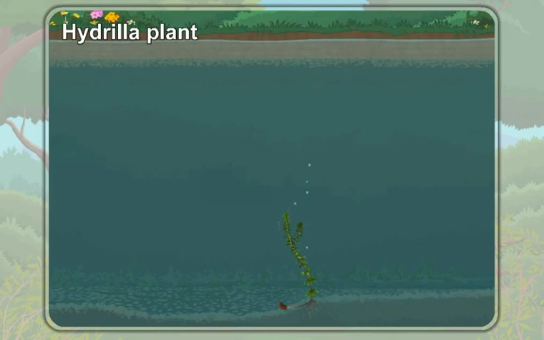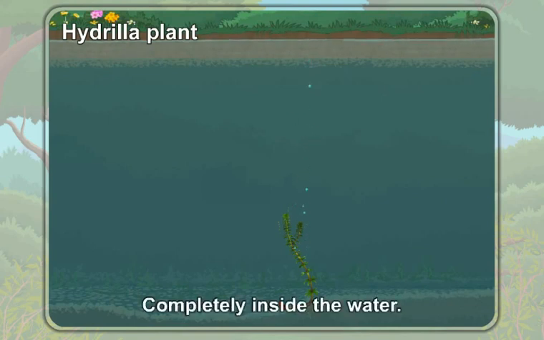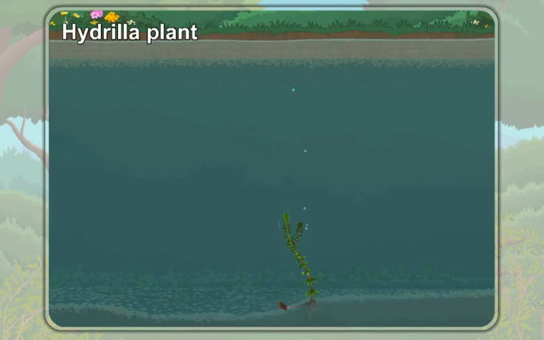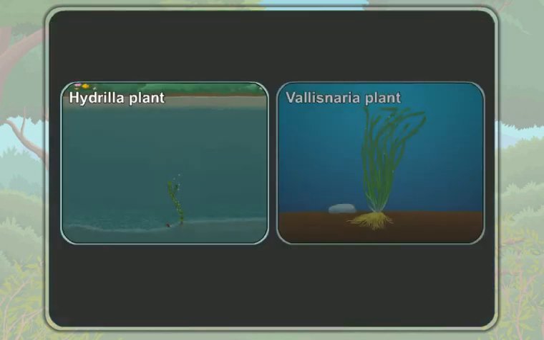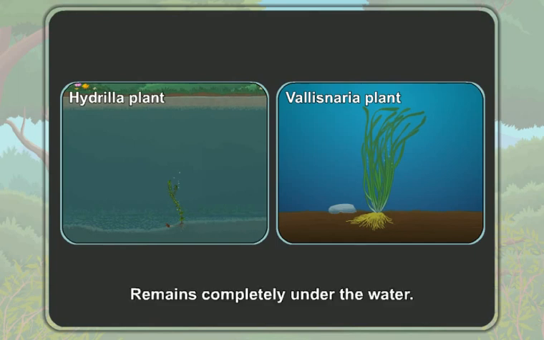Unlike a water lily, it is completely inside the water. A Hydrilla plant always remains completely under the water. Like a Hydrilla plant, a vallisneria plant also always remains completely under the water.